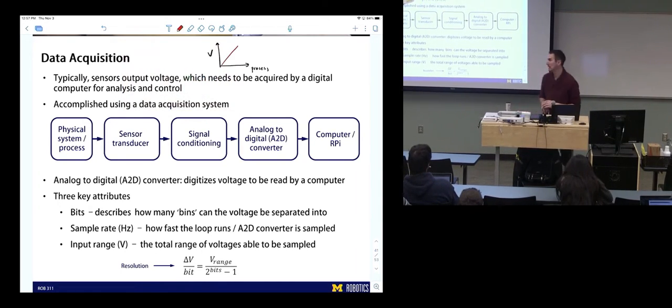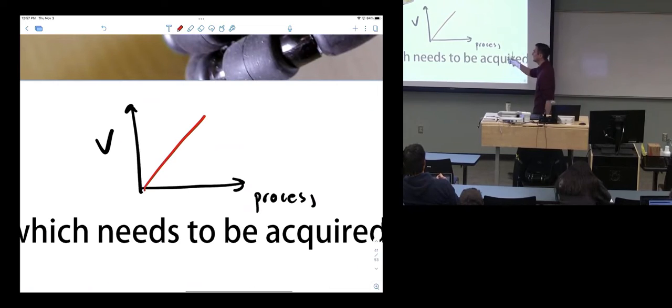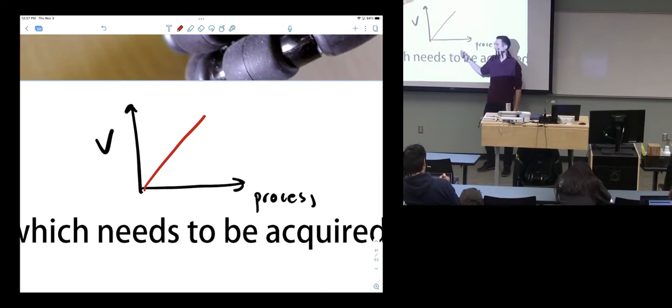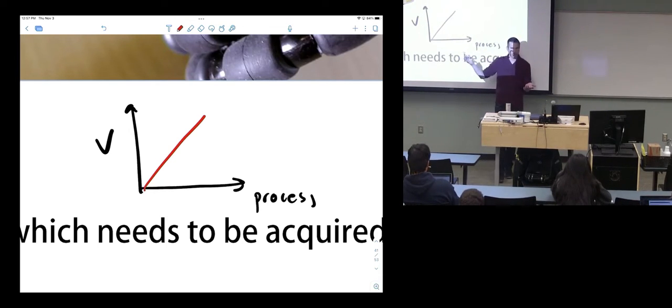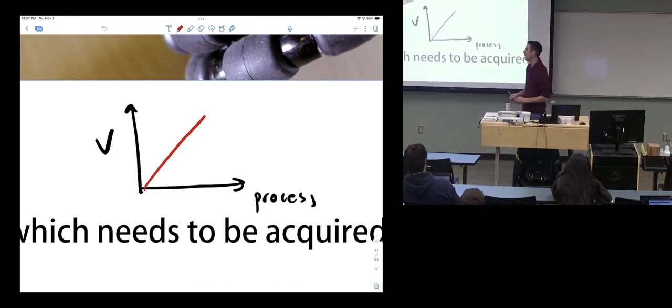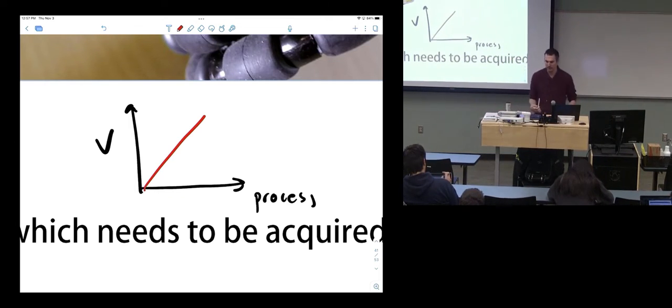It might look something like this. The sensor takes a physical process and converts it to a voltage that's proportional. The slope of that is this proportionality constant, and that's called the sensitivity, or its calibration curve.